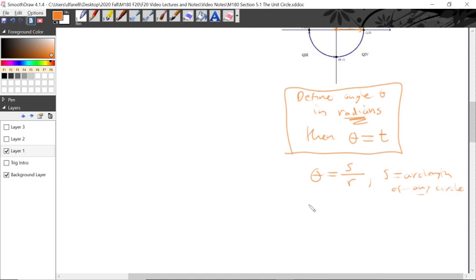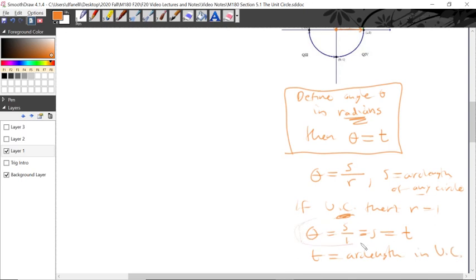But of course, if we are in the unit circle, then what is r? In the unit circle, r is equal to 1. And in that case, theta would equal s over 1, which is just s. But in the unit circle, instead of using s, we would use t, because t is the arc length specifically in the unit circle.